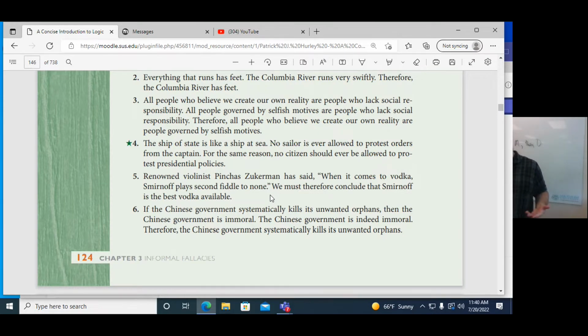And maybe that's how we might determine what the best vodka is. But that would be a systematic survey of people who drink these hard liquors and are aware of all the different varieties. Or maybe we do a taste testing study. Maybe at the trade show, what we're doing is we're trying to determine what the best brands are. The point is there's a way to ask question 5 that's more responsible than simply saying that a famous violinist endorsed our product, that therefore you should buy it.